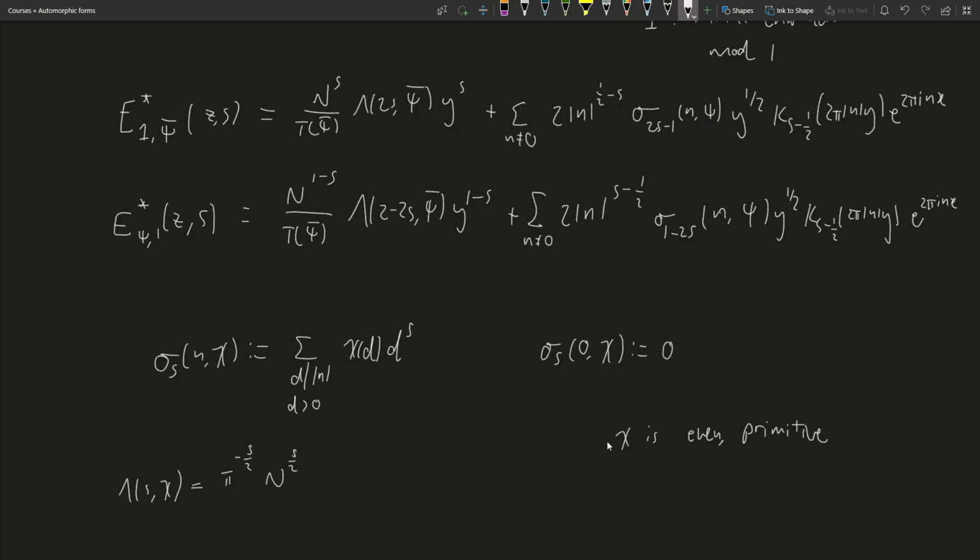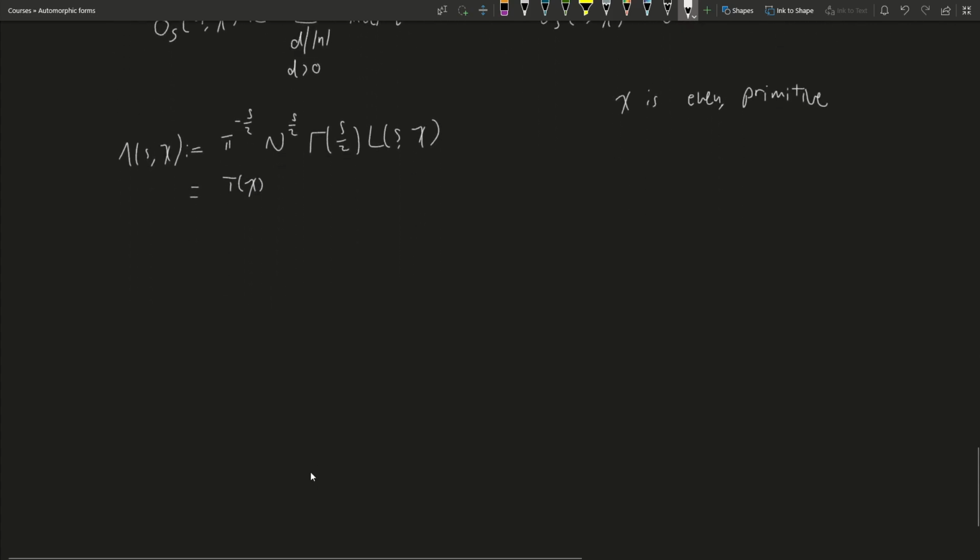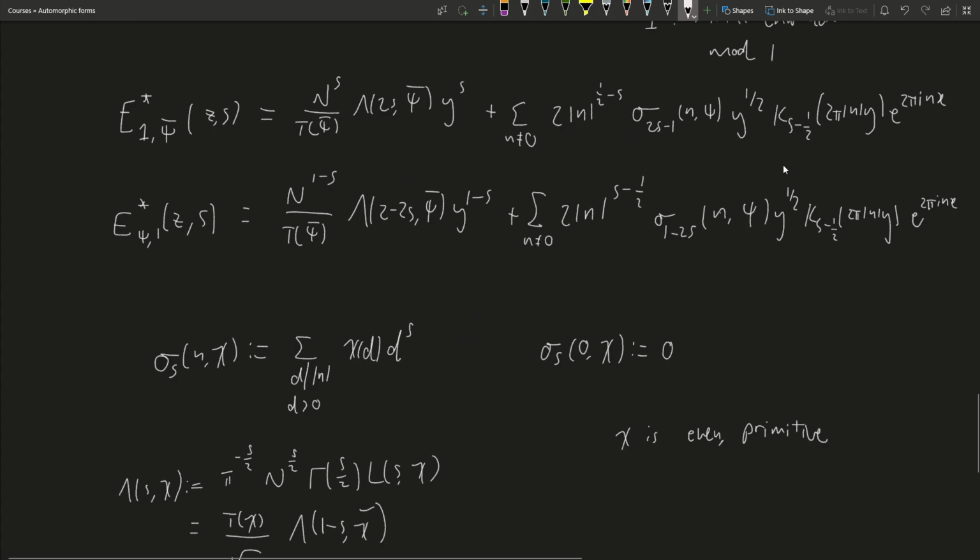And so here n will be the conductor, and the completed L function is as such, and the reason to do it this way is because it ends up being equal to the Gauss sum divided by square root n, of lambda of 1 minus s. Okay, so that should define everything in here.